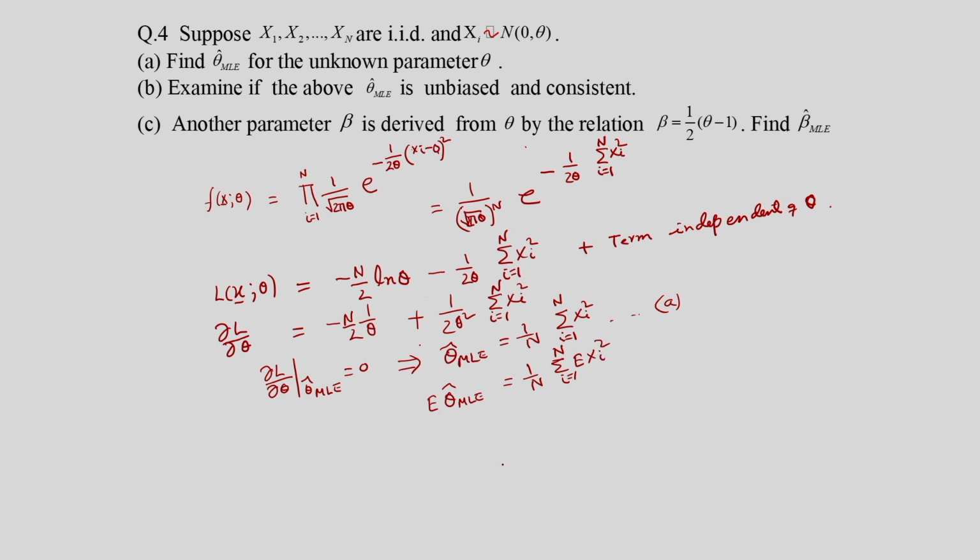Now, this is a zero mean, therefore E of xi square is the variance, and they are IID. So, that way there will be 1 by n into E of xi square, which is theta. There will be n such terms, so n theta, and that will be equal to theta. Therefore, theta hat MLE is unbiased.